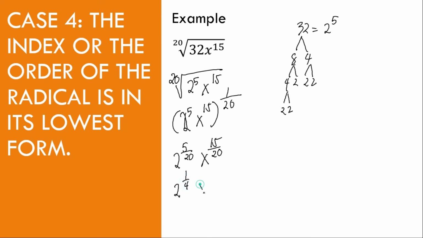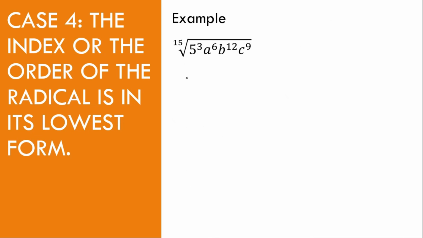It will become 2 raised to 1 over 4 and x raised to 3 over 4. After that, convert nyo na pabalik into radical exponent. So, you will have 4th root of 2 raised to 1. Then, x raised to 3. So, ito na yung pinaka-answer nyo sa example na to.